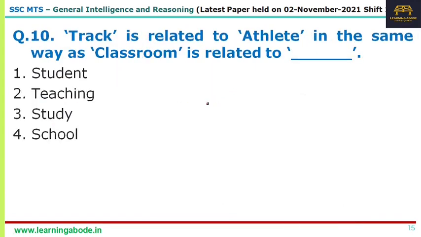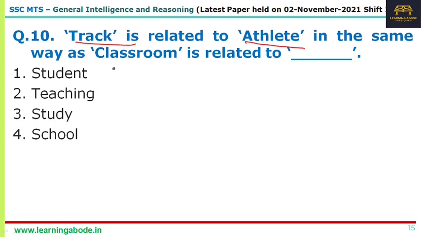Now next one is an analogy, very easy analogy. Track is related to athlete in the same way classroom is. You can look at the track as the area where the athlete practices, or the area where the athlete participates in an event or a competition, in a race and all that.